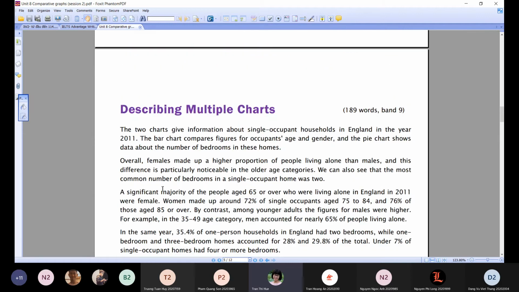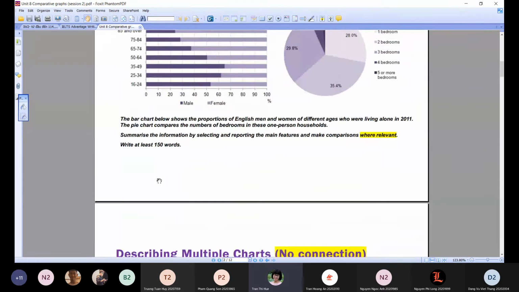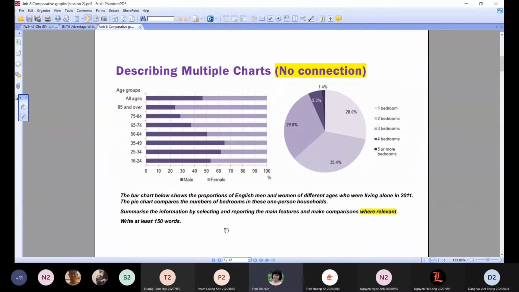So remember, when you take a look at the essay question, summarize the information by selecting and reporting the main features and make comparisons where relevant. Can you see the two words where relevant highlighted? Can you see that? Yes.